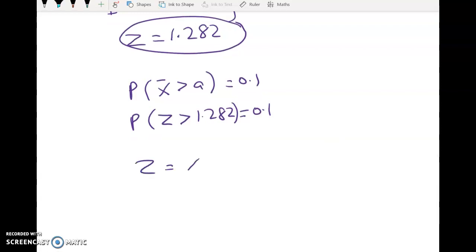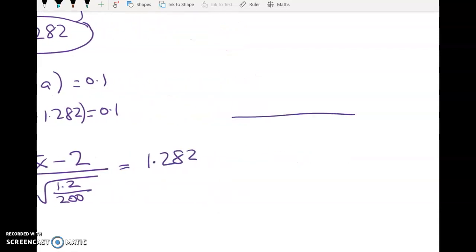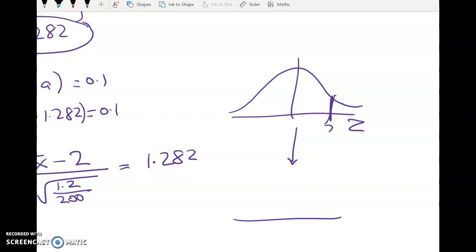Well, z is equal to x bar minus the mean, which we know is 2, divided by the standard deviation of x bar, which is this. And we're saying, when will we get that equaling 1.282? So if you think back to AS questions about the normal distribution, here's my z, and I'm just translating that number, 1.282, into that number about an x bar.